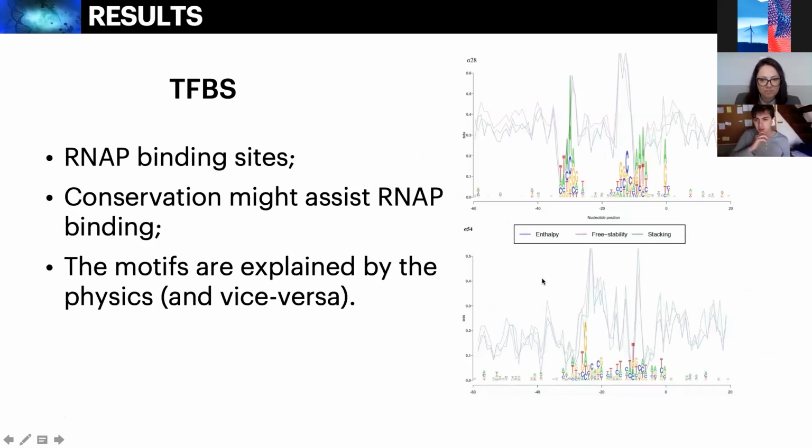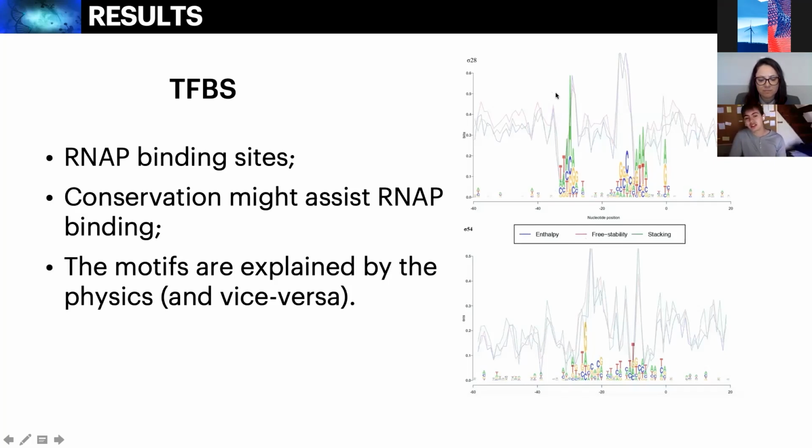If we take a look at the line that we have created for the features themselves, and we overlay these with sequence logo profiles, the letters of conservation, the conserved nucleotides here, we can see that the spots that have more conservation are also the spots where we have our peaks identified by the images.